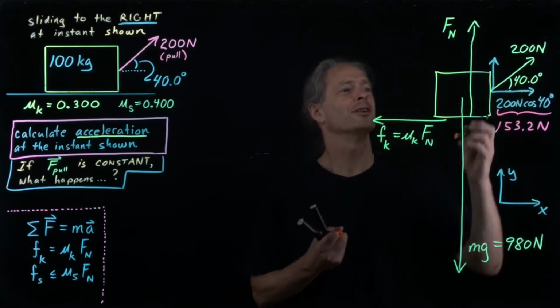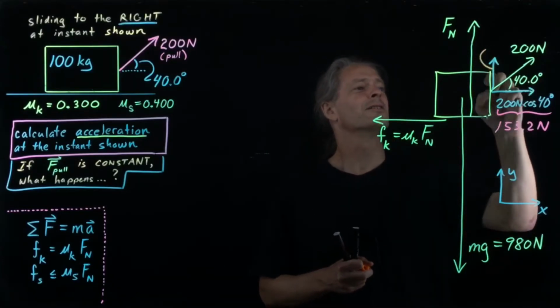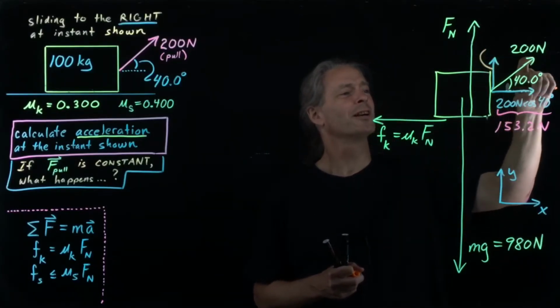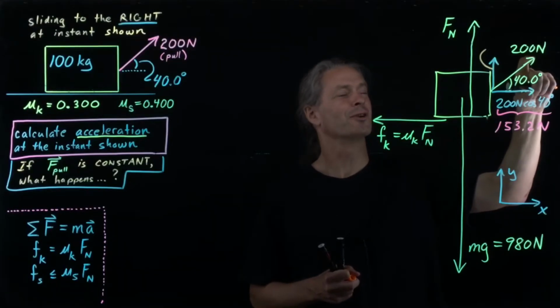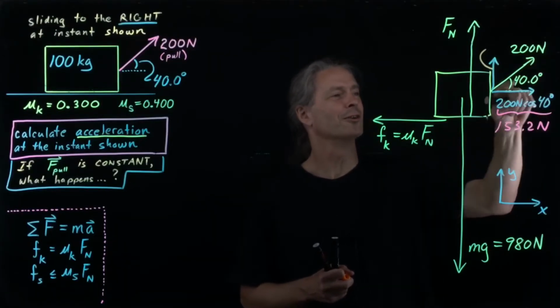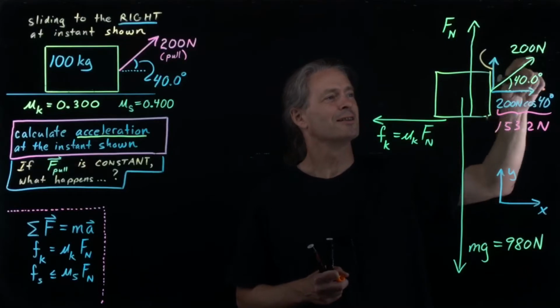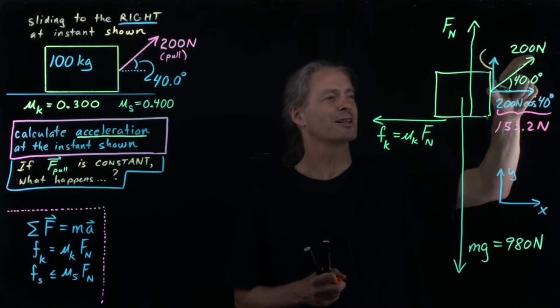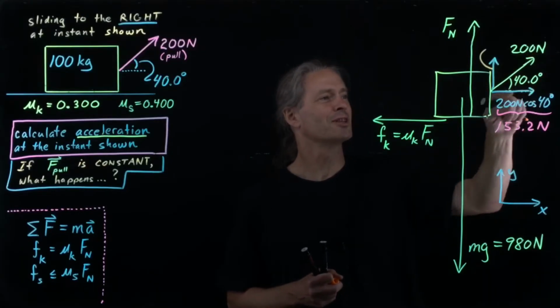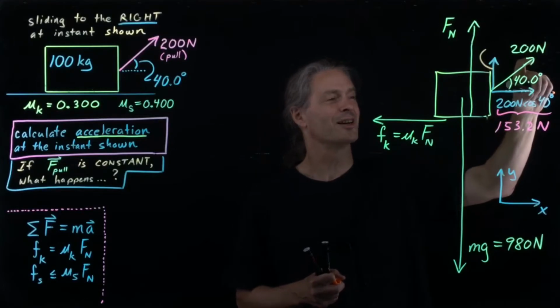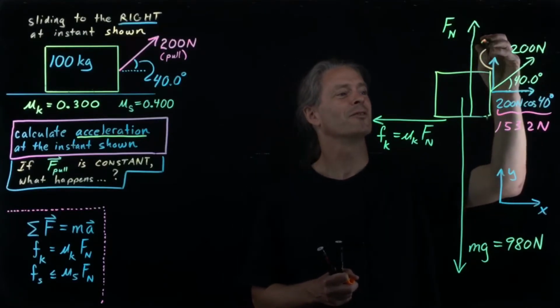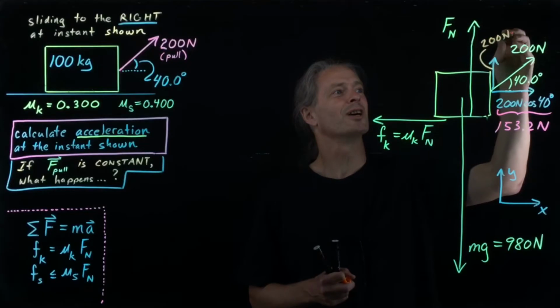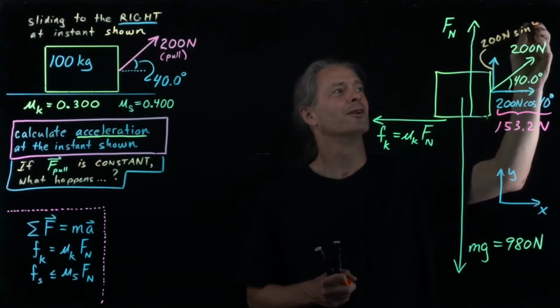All right, so then I've got this one here. I'm going to draw another arrow right there. This is opposite to the 40-degree angle, right? So there's a right triangle. The 200 newton side, that's the magnitude, the hypotenuse. Here's the adjacent side. This is the opposite side. Opposite goes with sine. So I have 200 newtons times the sine of 40 degrees.